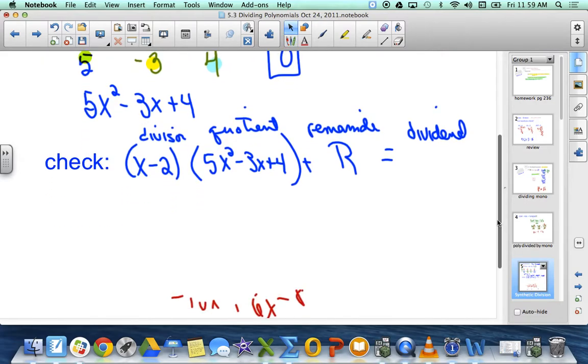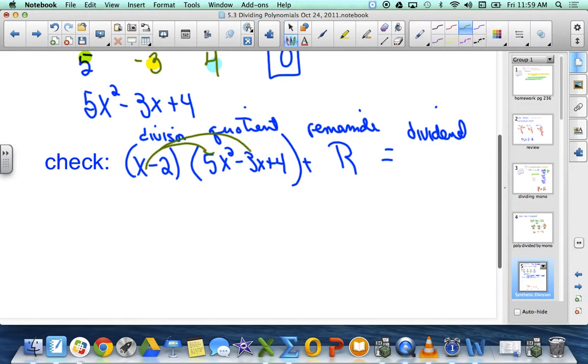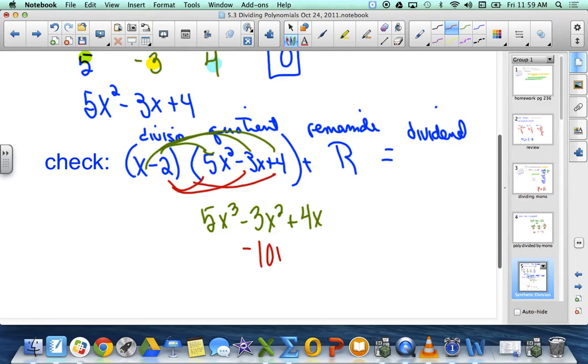So to do that, we would multiply just like we multiplied a few days ago. We're multiplying x times each one of these, and we get 5x cubed minus 3x squared plus 4x. And we're going to multiply negative 2 times each one of these, and we get negative 10x squared plus 6x minus 8.